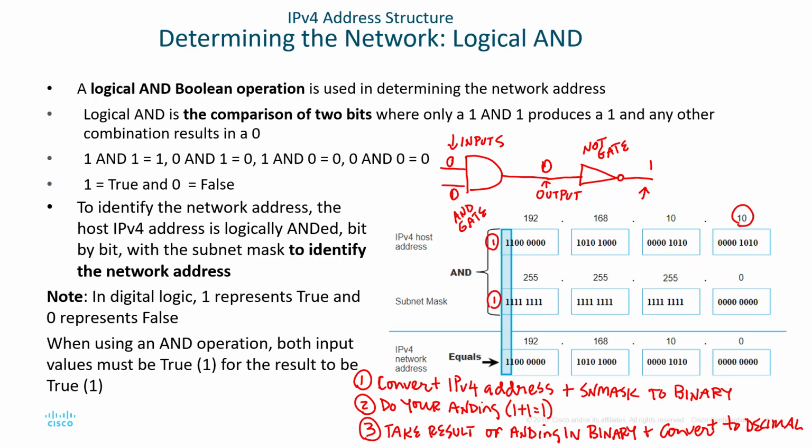I do my ANDing, which is my second step. And then I take my ANDing result and I convert it back into decimal. So this tells me that the device that is 192.168.10.10 lives on the 192.168.10.0 network. So look at it like this.